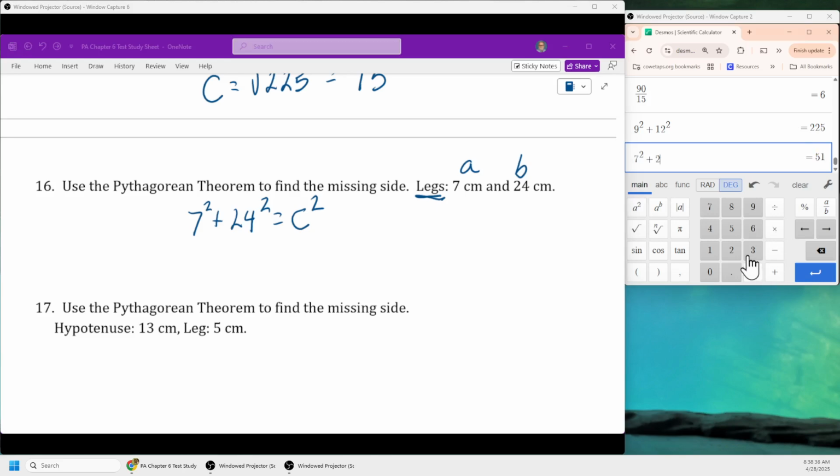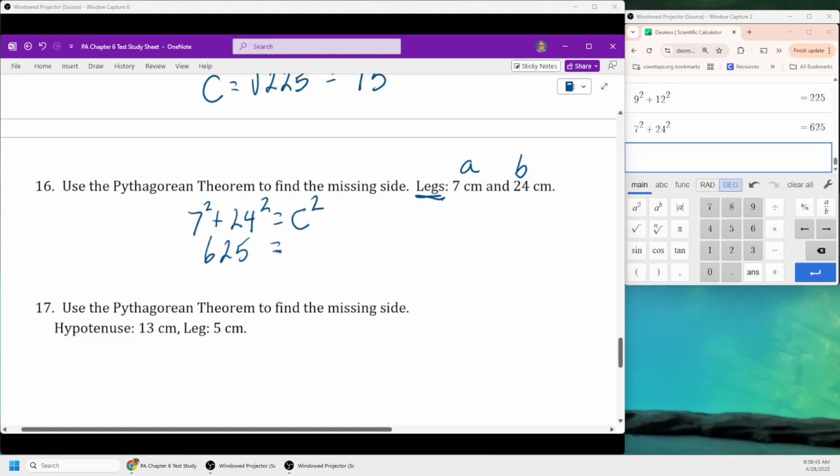That is 625. So 625 equals C squared, and C by itself is the square root of 625. What is the square root of 625? 25. And that is a triple as well, same thing with 15: 7, 24, 25. Are there any questions on that?